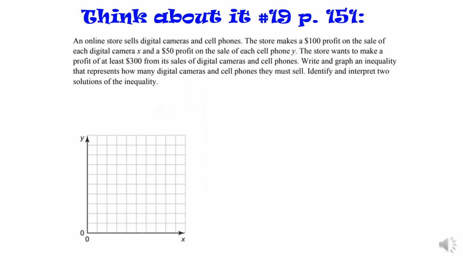Okay, so the last problem we're going to do here is number 19, and we're going to think about it carefully. So this is a word problem, so the first thing that we have to do is come up with our variables. So it tells us right here that x is digital cameras, so x equals digital cameras, and y is cell phones.